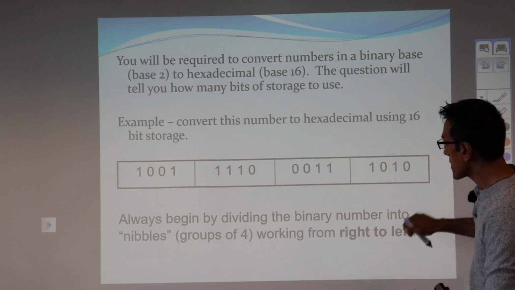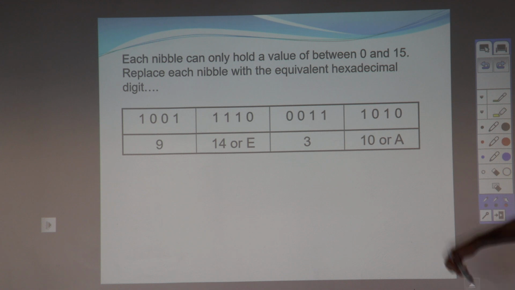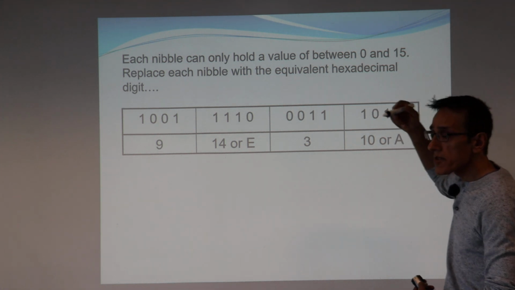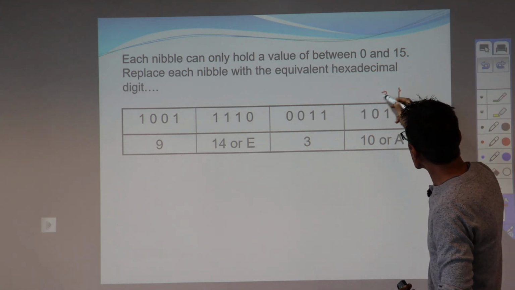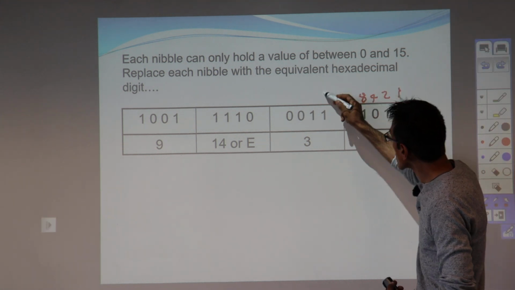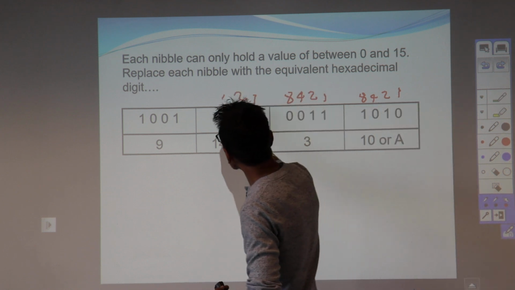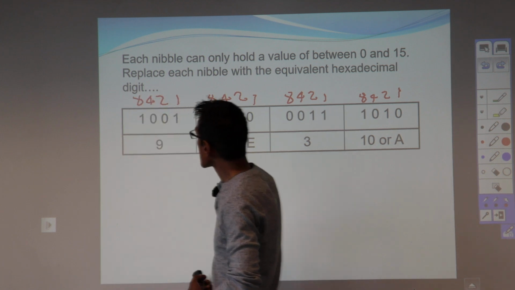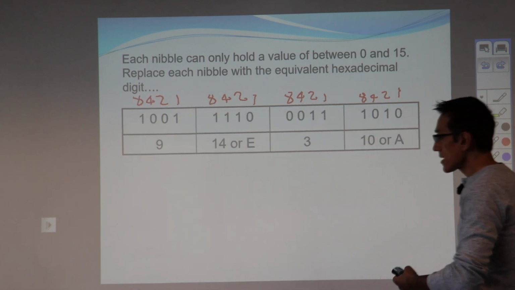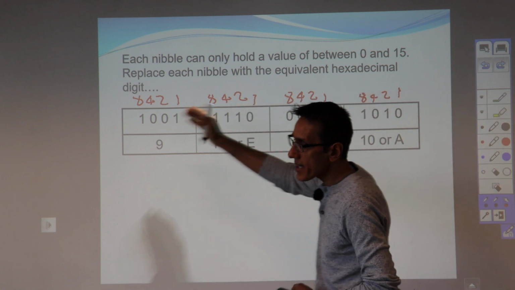And then using these 4-bit sections, we use our columns method for binary. 1, 2, 4, 8, 1, 2, 4, 8, 1, 2, 4, 8, 1, 2, 4, 8. Do not make the mistake of continuing the columns.